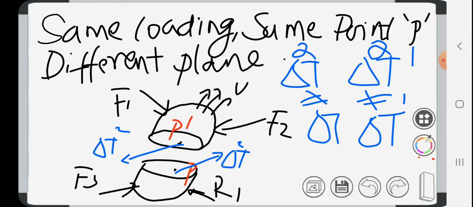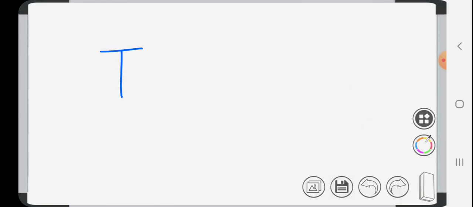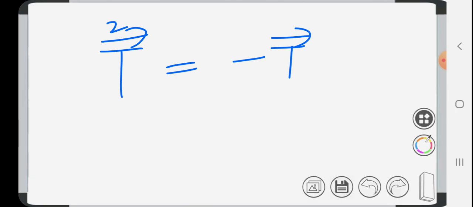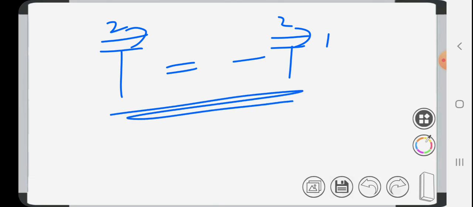So here we can calculate stress. If we are taking a small area, stress may be some vector T2 vector and minus T2 vector dash. So they are equal but opposite in direction, right?